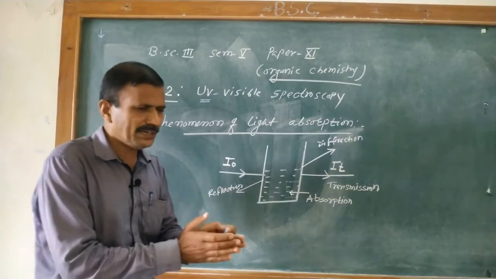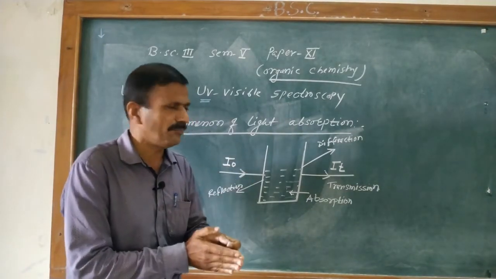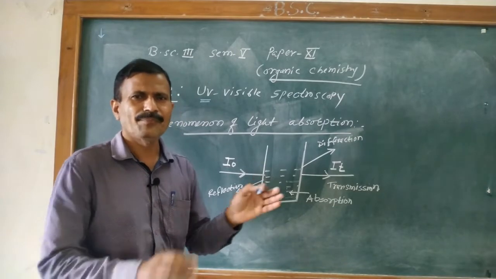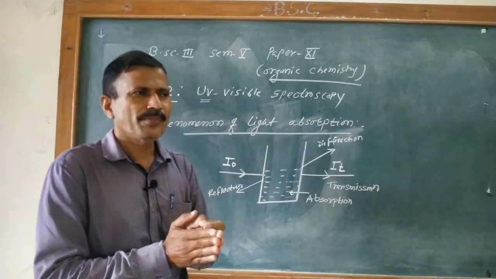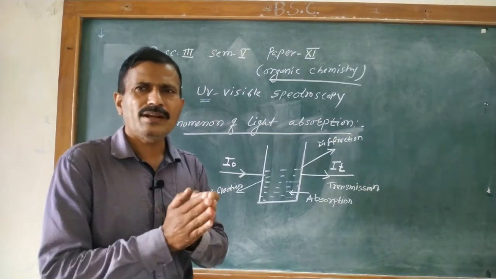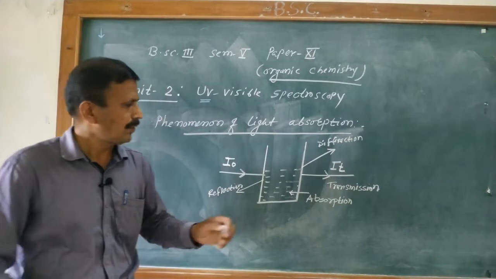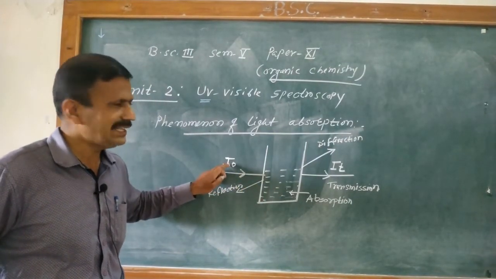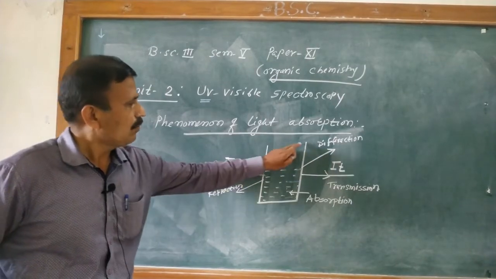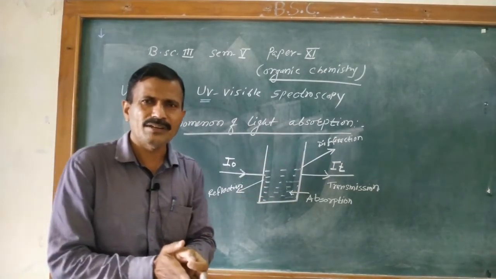This quantitative relationship between light absorption and its intensity is inferred with the help of a very famous law called Beer-Lambert's law. This law tells us about the concentration of the analyte, the intensity of light, and what sort of cuvette you have taken for the measurement.